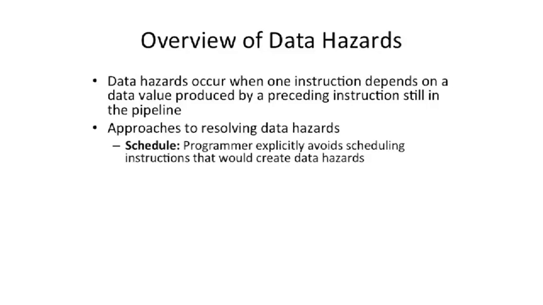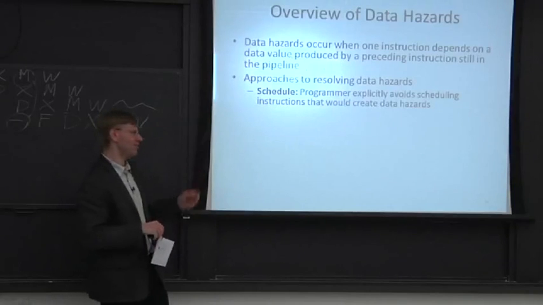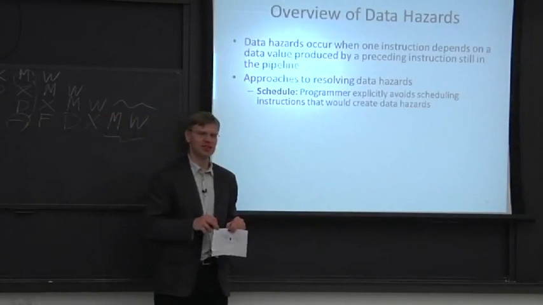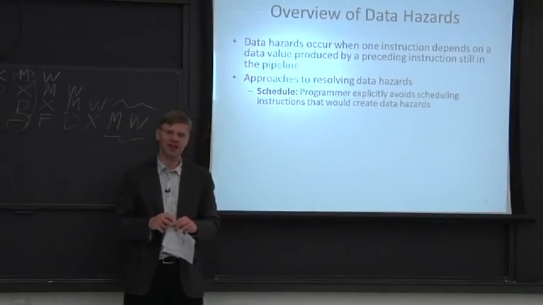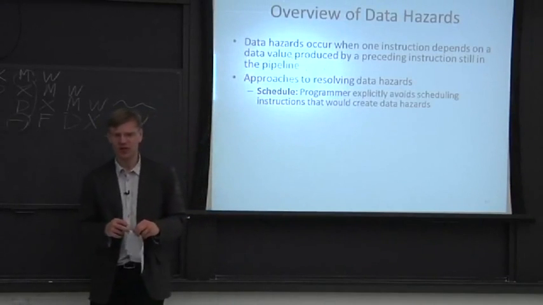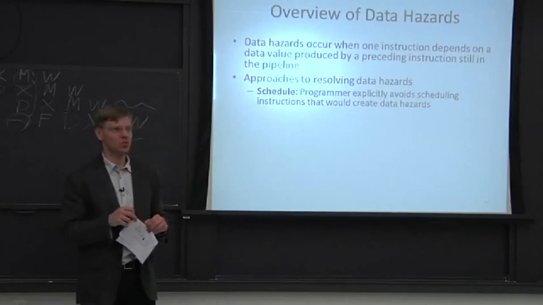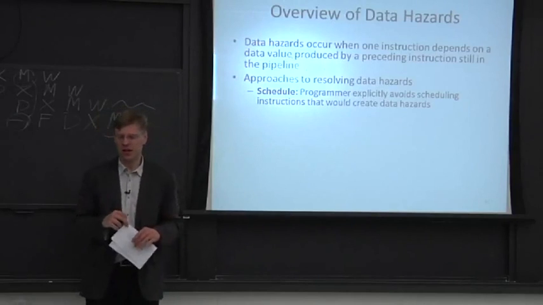So you could, for instance, introduce no operation instructions into your instruction sequence and have the programmer avoid the hazard if the programmer knows the microarchitecture of the machine. And this actually showed up in some early processors. A famous example of this is the floating point unit for the Intel i860, which is an old, early RISC architecture made by Intel.